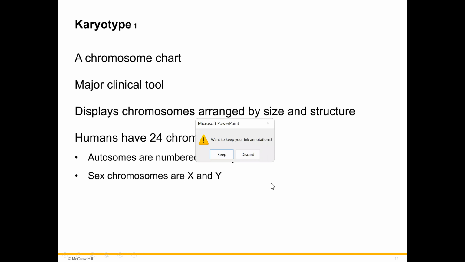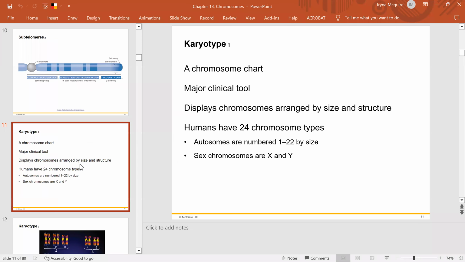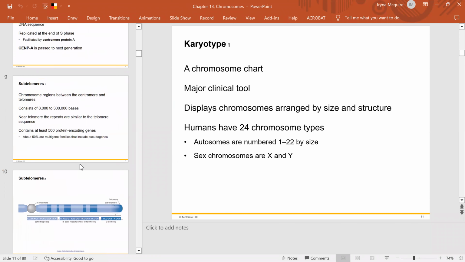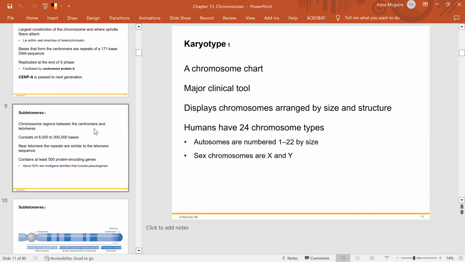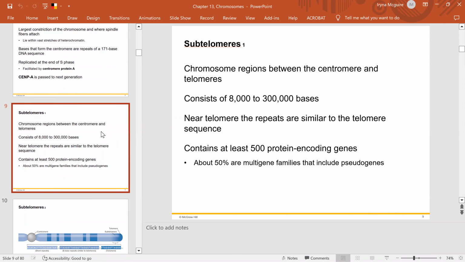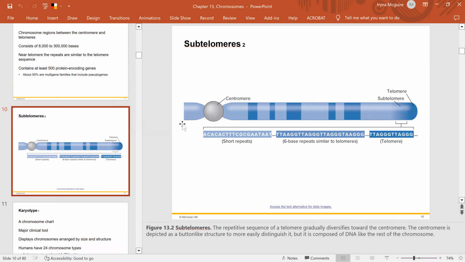Now, let me go back here for a second to return to subtelomeres. It's a chromosome region between the centromere and telomere. If you look over here, between the centromere and telomere, it's made of 8 to 300 bases, and that contains at least 500 proteins.